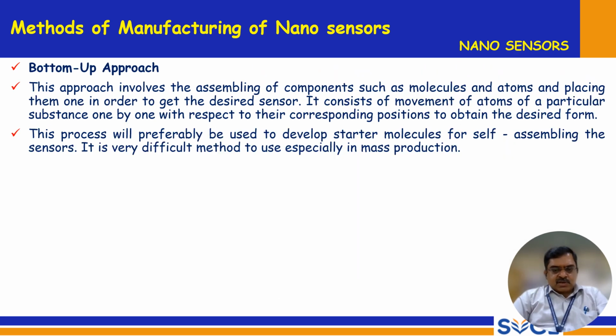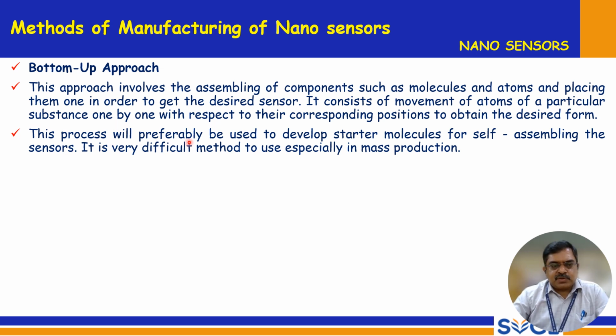So the next method is the bottom-up approach. Here you can see the approach involves assembling components such as molecules and atoms and placing them together in order to get the desired sensor. It consists of moving atoms of a particular substance one by one to their corresponding positions to obtain the desired form.